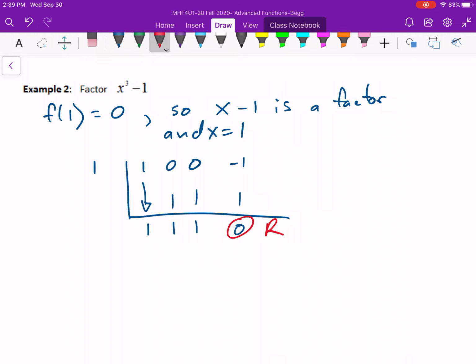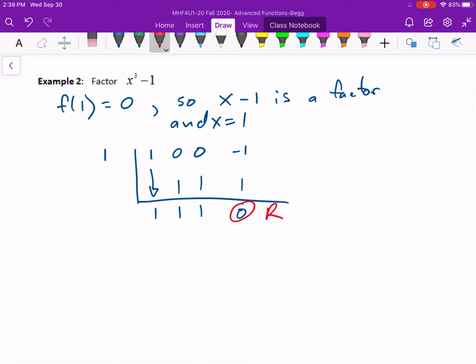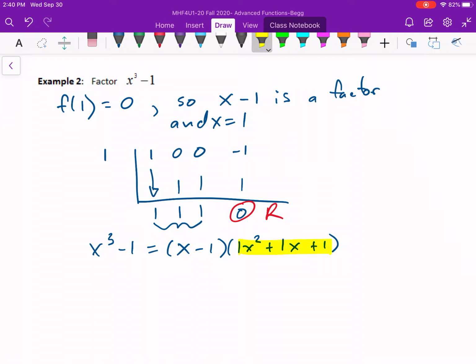This is my remainder. And so in factored form, I have x cubed minus 1 is equal to the first factor I found, x minus 1, times the quadratic that comes from these coefficients, 1x squared plus 1x plus 1. And it seems that we run into the same problem again when we try to factor this quadratic to break it down further.